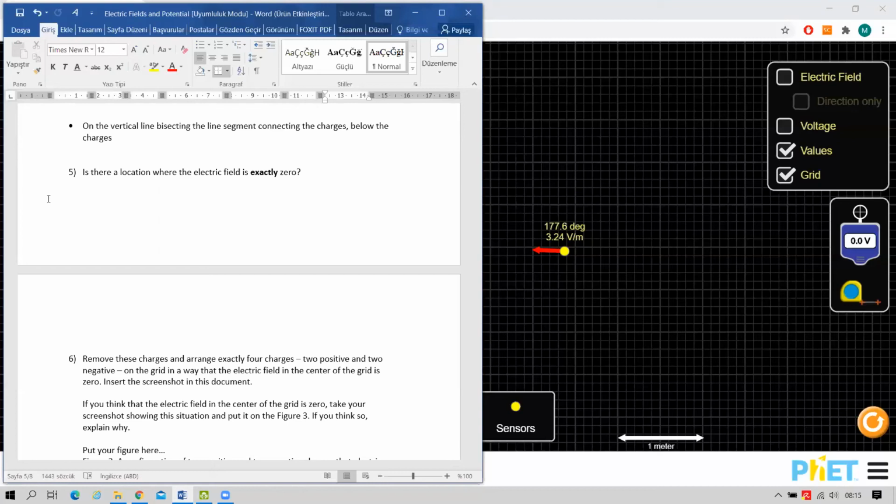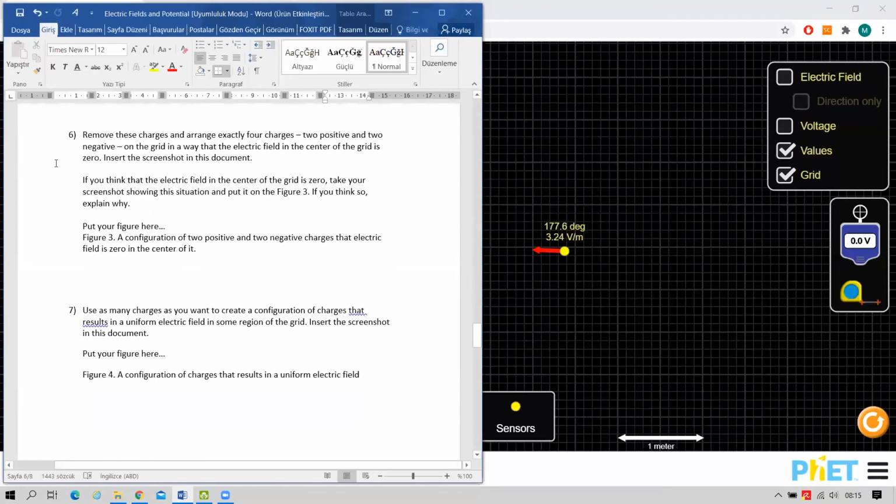Only in this case do you have a dipole. Otherwise, it's not a dipole. For this system, which is not a dipole, can you find the location where the electric field is exactly zero? So again, you will check this by simulation and try to answer it.